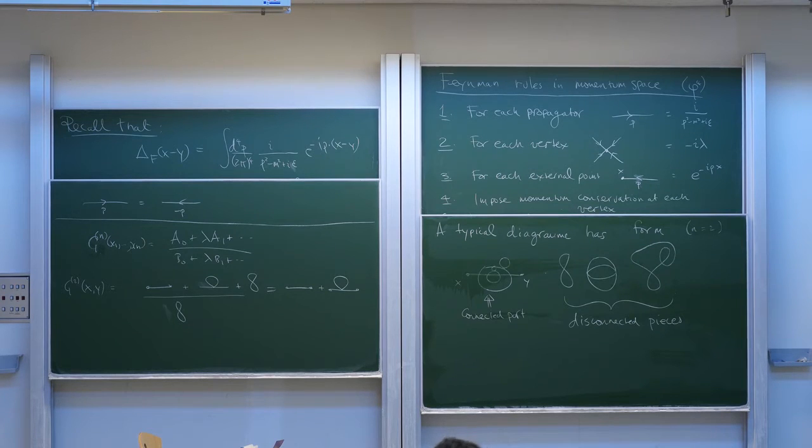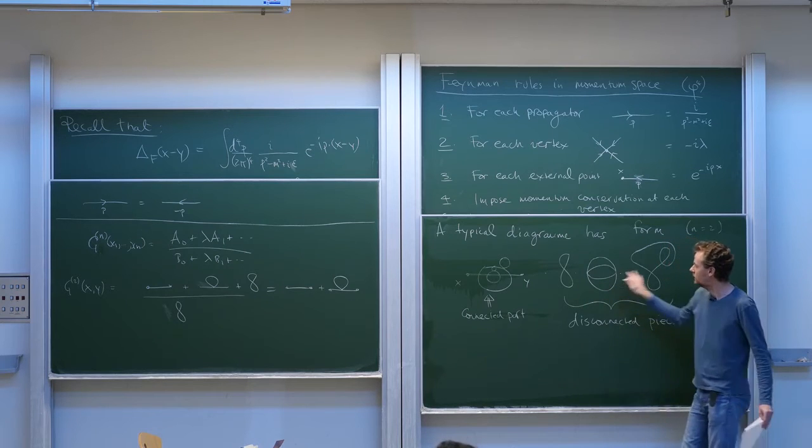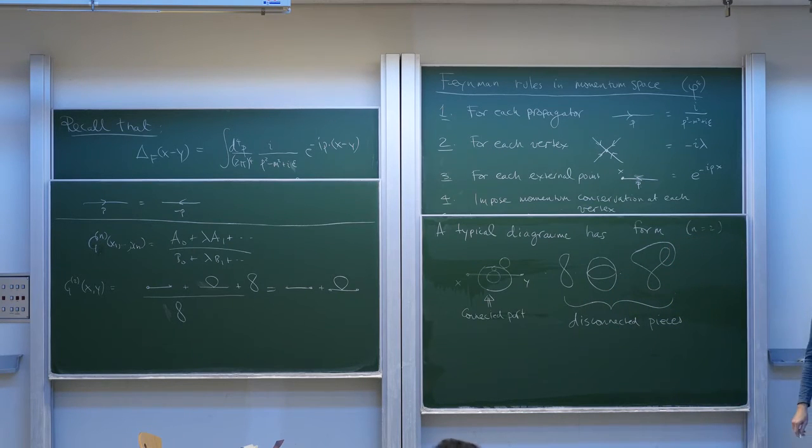So a typical diagram looks like this. It's a connected part, the part of the diagram that's connected to the external vertices, and there are some other parts of the diagram which are not connected to the external vertices. They're called the disconnected pieces. So far so simple, right?